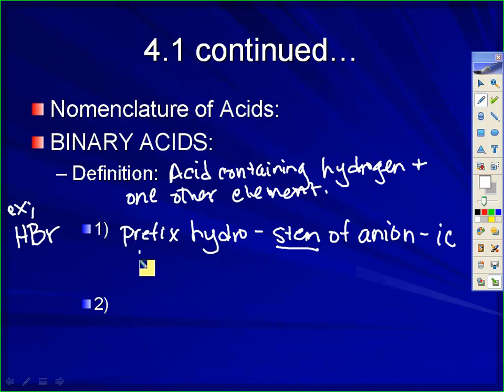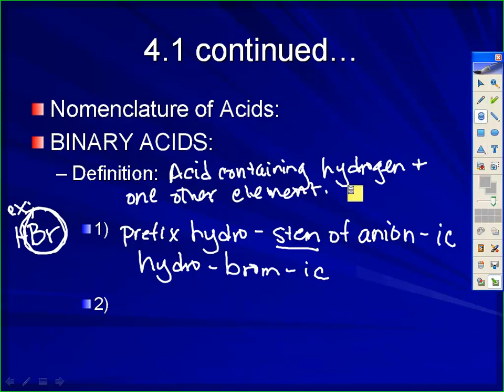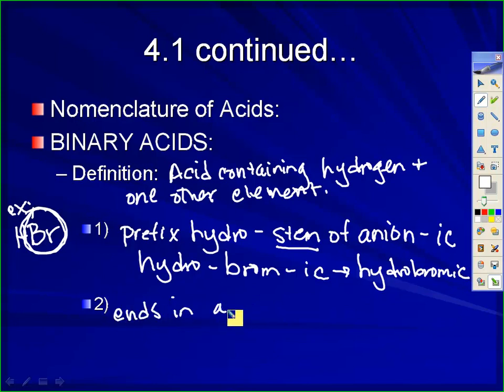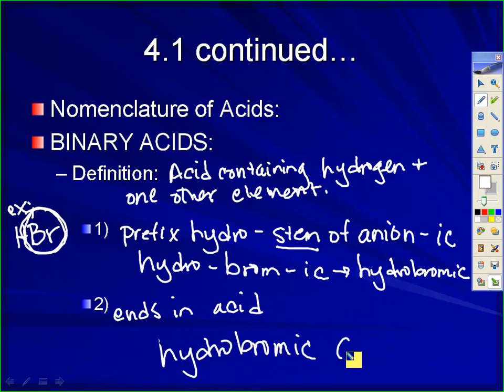This is the bromide anion, so the stem of bromide is brom, and then ic. So this is hydrobromic, and we don't need those dashes in there, so I will just write it like a normal person. Your second step is very easy. It ends in acid, because it is an acid. So the name of HBr is hydrobromic acid.